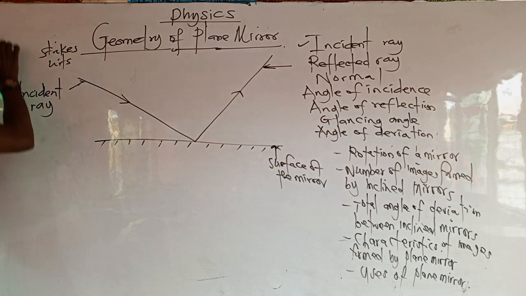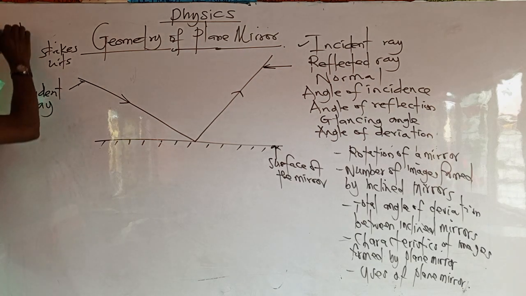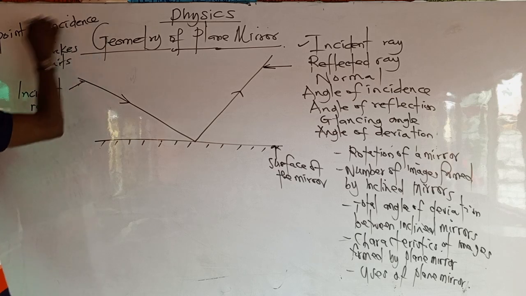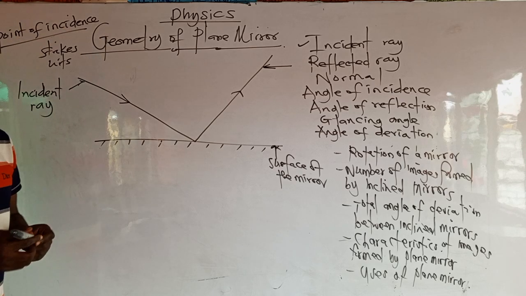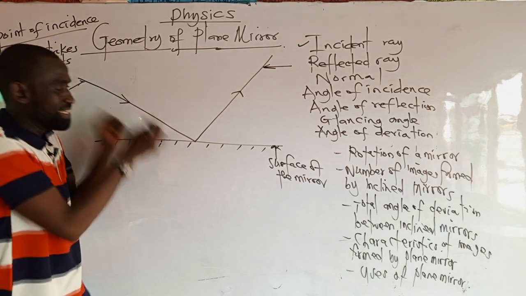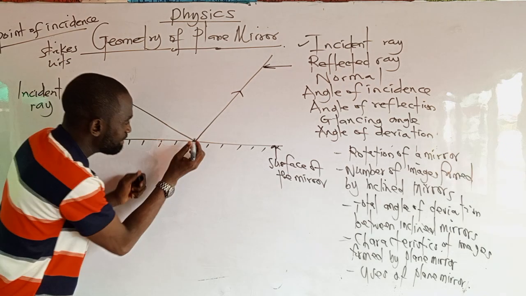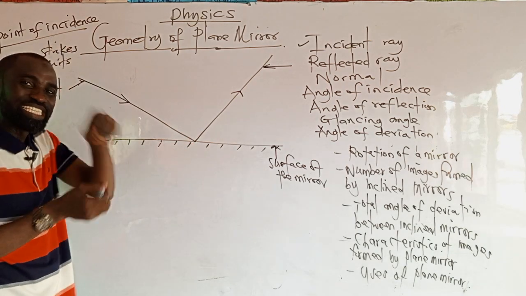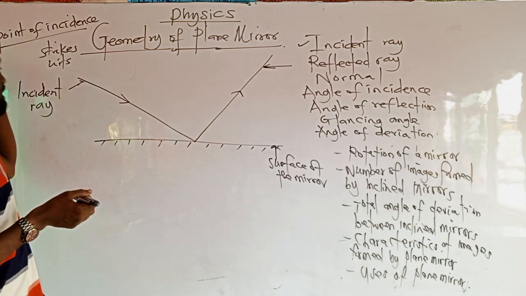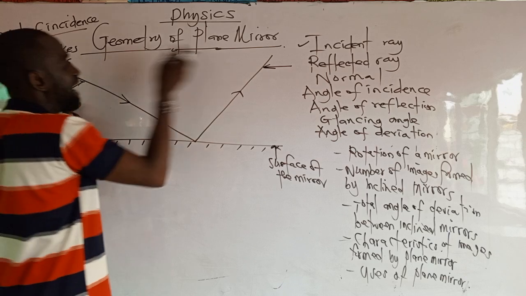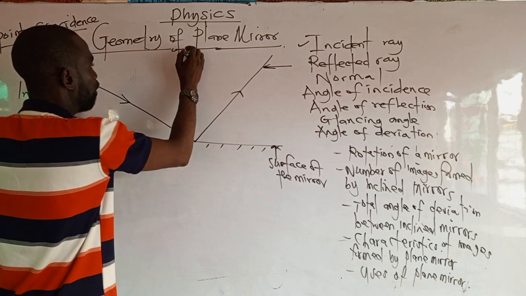So if the question is what is the point of incidence? The point of incidence is the point where this incident ray strikes the surface of the mirror. Where is it? This point. Are you with me now? It is called the point of incidence because it's the point where the incident ray strikes the surface of the mirror. So between the incident ray and the reflected ray, we now have our normal.